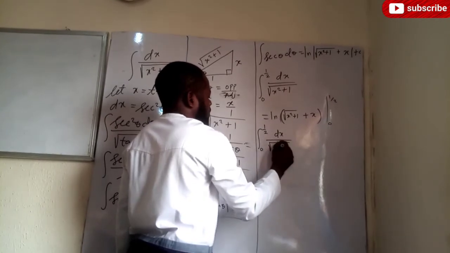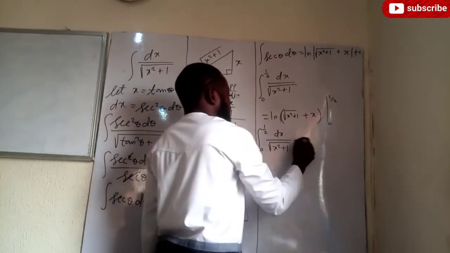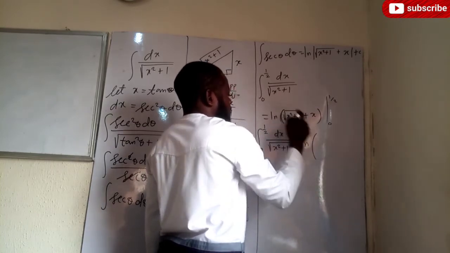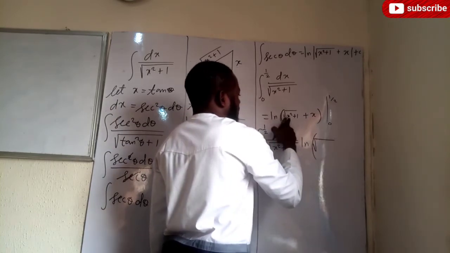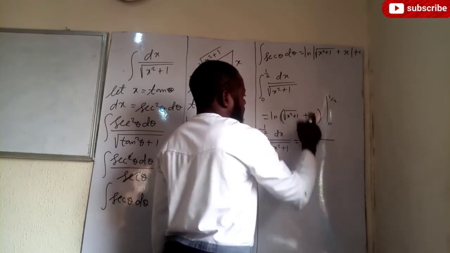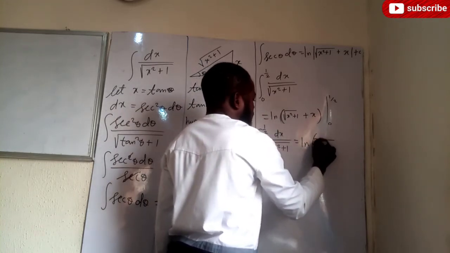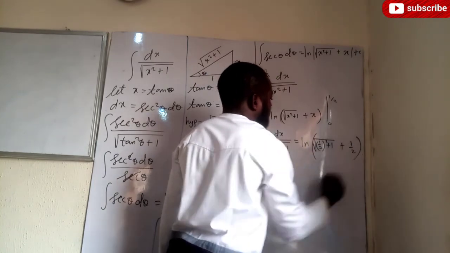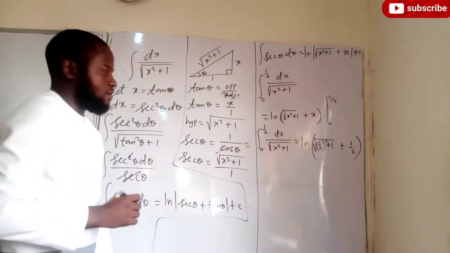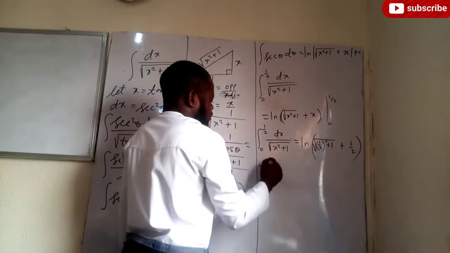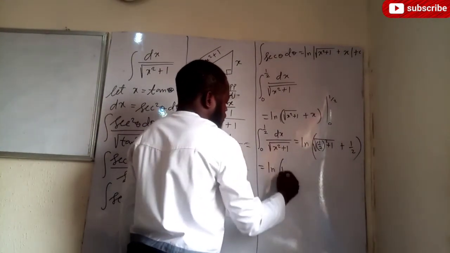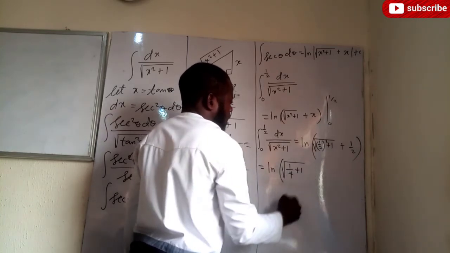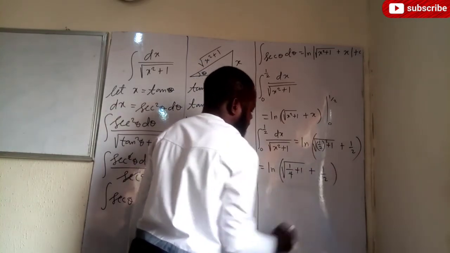So we have that the definite integral from 0 to 1 over 2 of x all over the square root of x squared plus 1 is equal to ln of the square root of 1 over 2 all squared plus 1, then plus 1 over 2. Are we together? So this will become the ln of the square root of 1 over 4 plus 1, then plus 1 over 2.